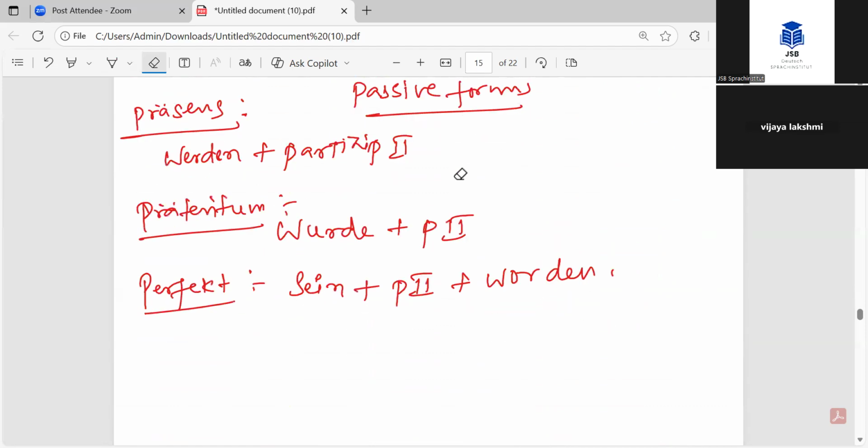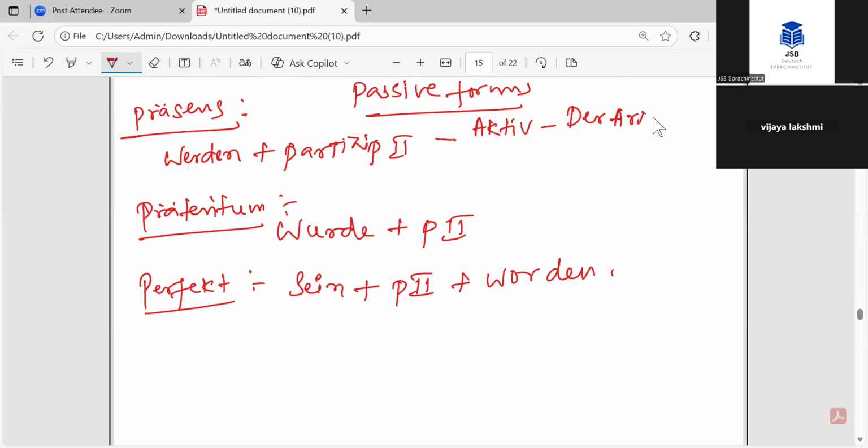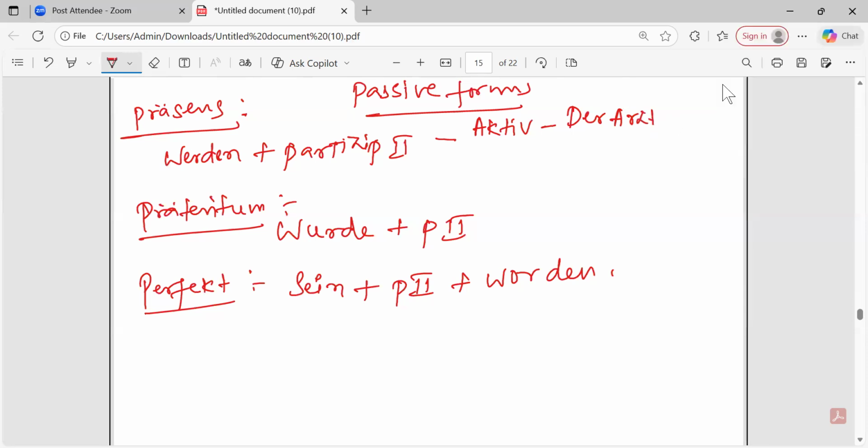Clear. Now in this passive form, how to use it in the present, Präteritum and Perfekt. For example, in the present, I write it like this for the active: they ask the patients. The passive: the patients werden behandelt, were being handled.